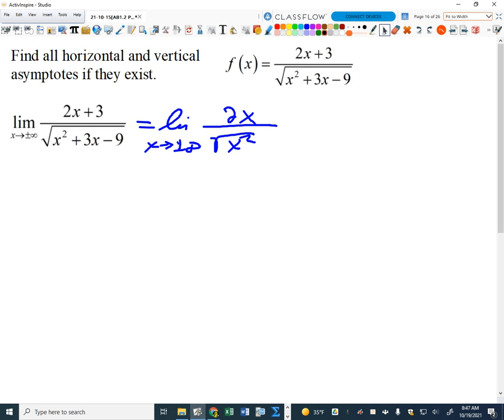But the argument of the square root, meaning what's inside the square root, is a polynomial. And so if we take the limits as x approaches plus or minus infinity, inside that square root, the only term that's really going to matter, that's going to get really big, is going to be the x squared, right?